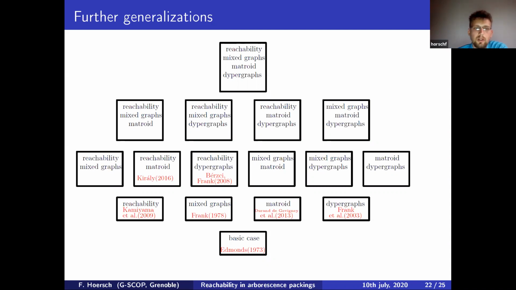Okay. Then there's this theorem on reachability and matroids. This is what I showed you a second ago, proven by Kira, and yeah. As I showed you before, we can reprove this by a conclusion from the Matroid-based setting. Then there was another article from a group in Grenoble that covered quite a lot of cases here.